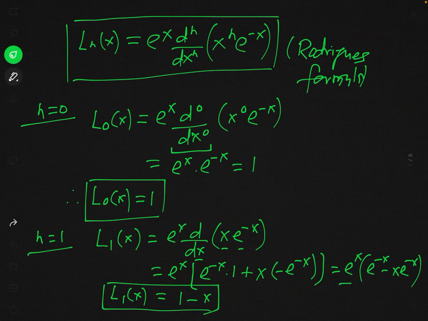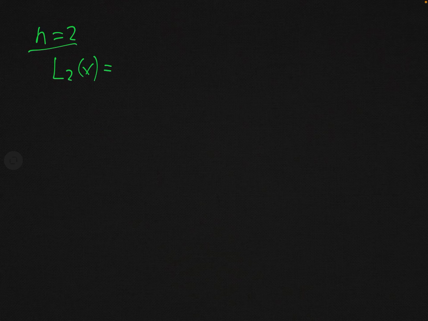Now we will take n equal to 2. So when n is equal to 2, then we will find L2 of x applying the same formula. You can see here n is 2, so the RHS will be e raised to the power x, d2/dx square, of x square e to the power minus x.